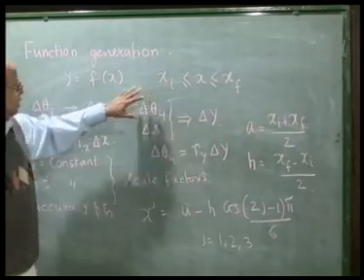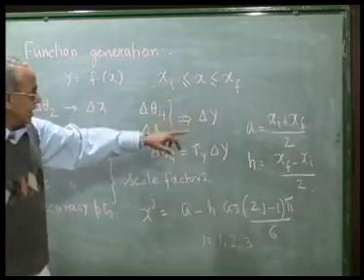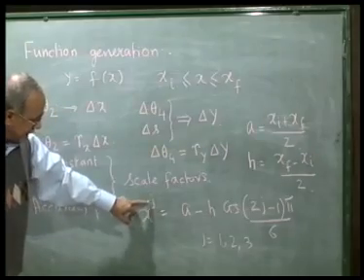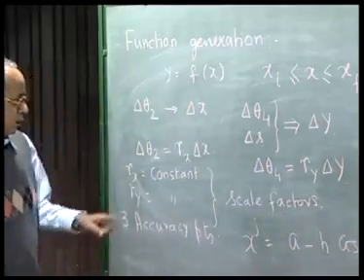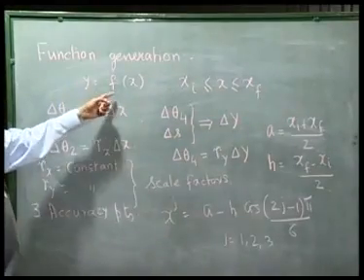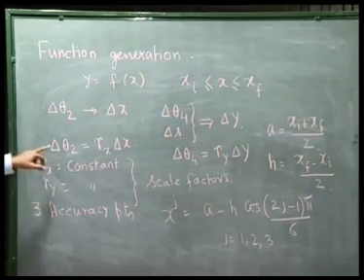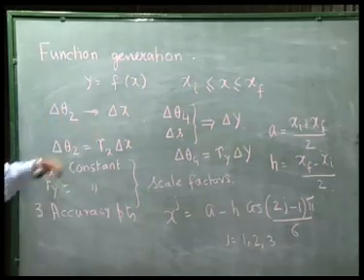So, if we have to generate this function by a mechanism in this range, I calculate a and h, then I calculate x1, x2, x3 by putting j equal to 1, 2 and 3. Once I know x1, x2, x3, from the desired relationship I can find y1, y2, y3, and then we use these to get the input and output variables.